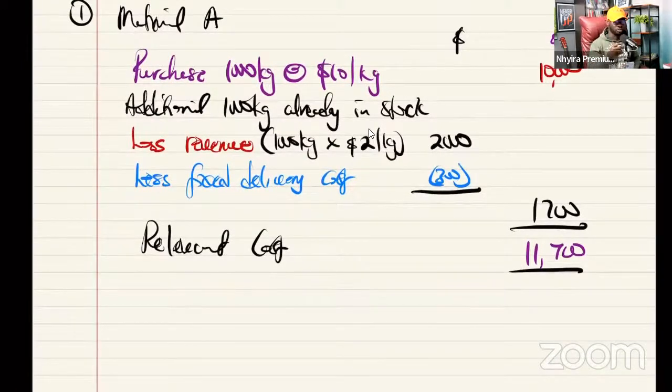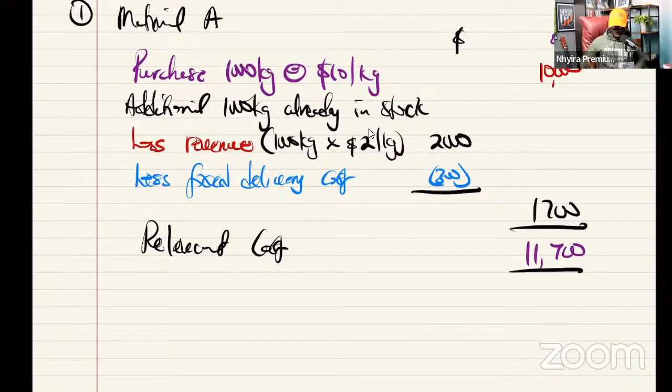We need 2,000. We already have 1,000 in stock, so we need to buy the 1,000. Now, what is in stock can be sold for $2 per kilogram. But if the entity sells it, they would have to incur a delivery cost of 300. So in actual sense, if they should sell the inventory, they will get 1,700. Now, since they are going to be using the inventory for this project, they won't get that 1,700, and hence it becomes the relevant cost.